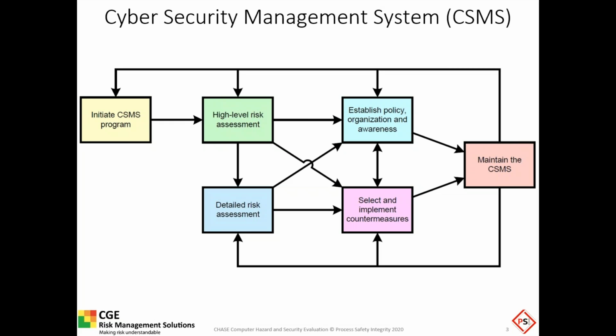So this is a simplified view of the cybersecurity management system framework that's in 62443. We are focusing on the high level and detailed risk assessment, so making sure you understand your risk reduction requirements, what you've got to do to be safe and stay safe.